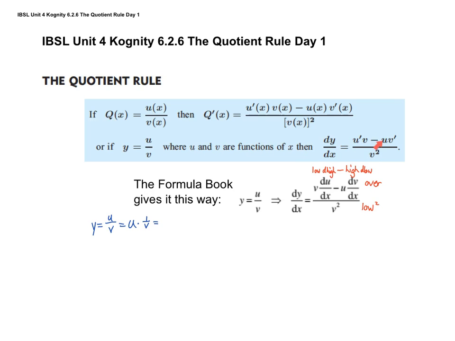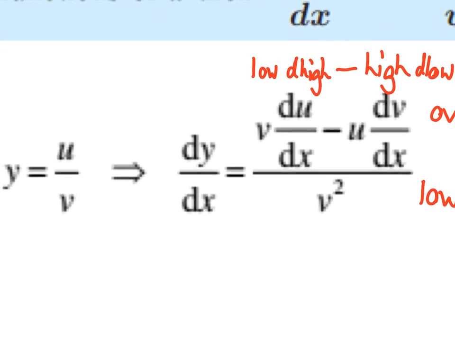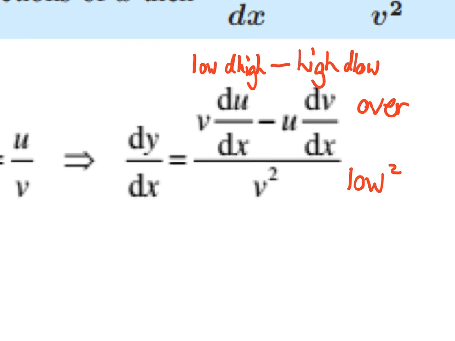And you'll notice here the numerator looks really similar to the product rule. In fact, it's simply the product rule, but with subtraction. Okay? And then we put that over v squared. Okay? Now, in the formula booklet, this is what you'll see.